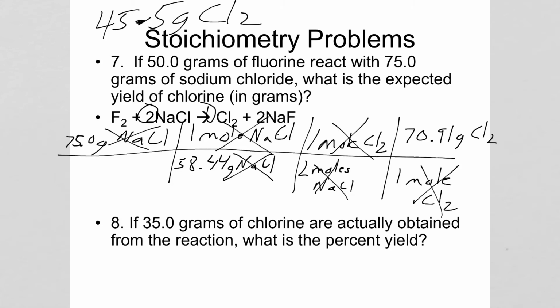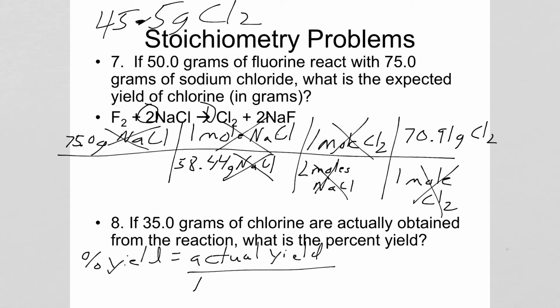What you've got to remember is that the percent yield is equal to the actual yield, what you actually got when you did the experiment, divided by the theoretical or expected yield, and all that times 100%.